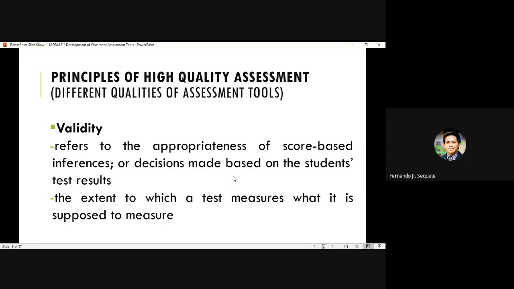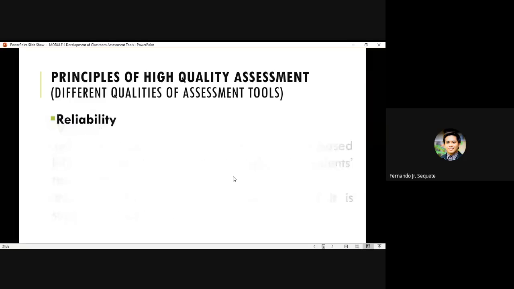Or for example, the topic discussed was all about multiplying two-digit numbers, like 24 times 25, 12 times 15, di ba? Two digits. And then ang binigay mo sa quizzes or sa exam is one digit only. Okay? So meaning to say that is not a valid test. Again, the test is valid when a test measures what it is supposed to measure.